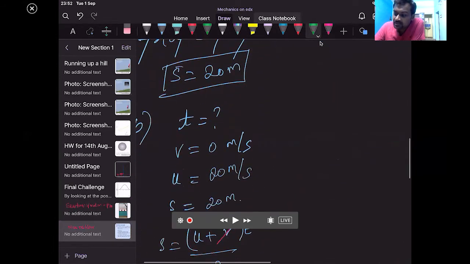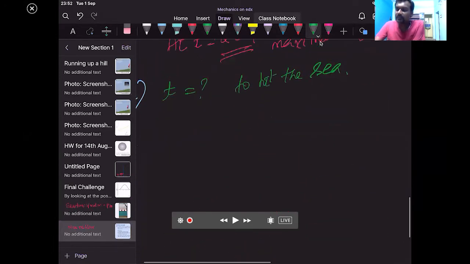Since we know the unknown, let's quickly identify the knowns. The initial velocity is plus 20 meter per second. Do I know the final velocity?